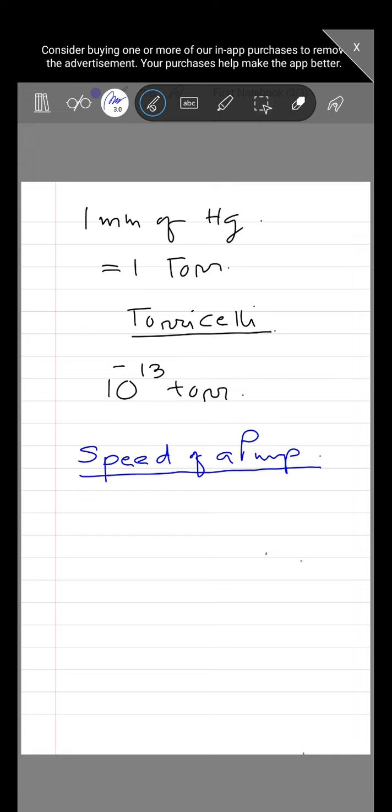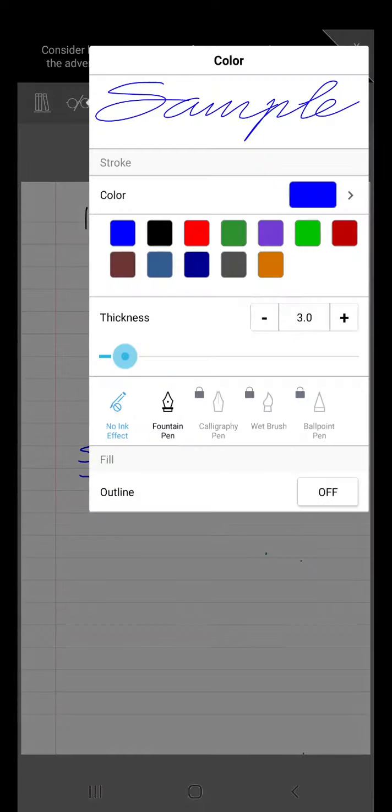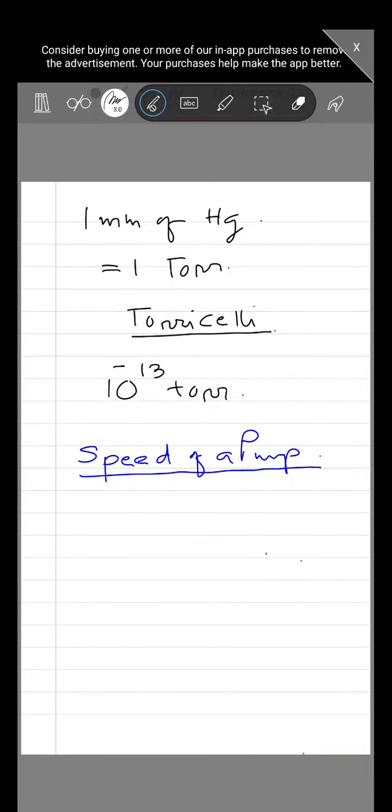The speed of a pump at a given pressure is defined as the volume of the gas exhausted per second.